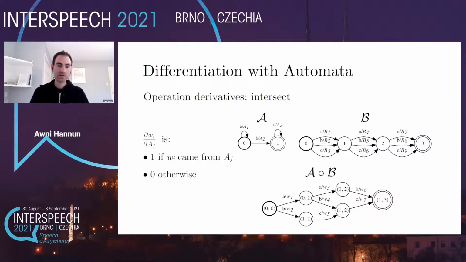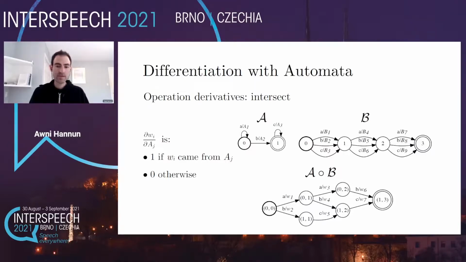So for intersect, in the same way, say we have an input graph A and an input graph B, and we compute the intersection, A intersect B. Now we'd like to know the derivative of all of the arc weights W1 through W7 in the intersected graph with respect to the arc weights in each of the input graphs.